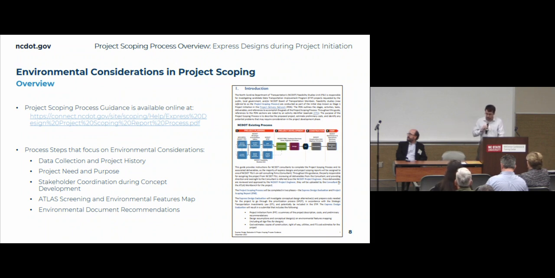And so if you look in this process guidance, you'll find some key process steps that focus on environmental considerations. And that includes data collection and project history, project need and purpose, stakeholder coordination during concept development, atlas screening, environmental features map, and then environmental document recommendations.